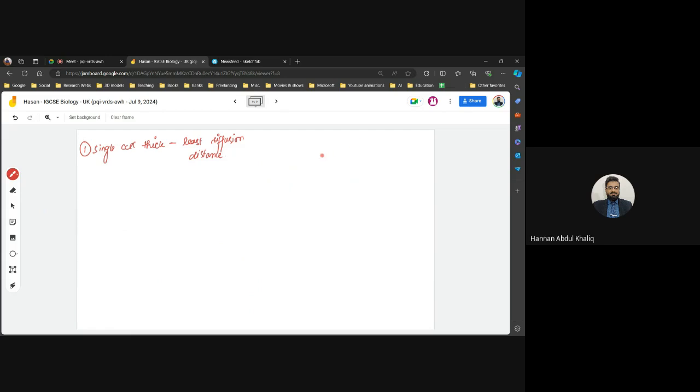It basically means that the surface should be like this, and the diffusion would have to occur across it, like this. So that is basically the idea. It has to be very, very thin, or you can just say it must be not more than single cell thick. Is it clear?